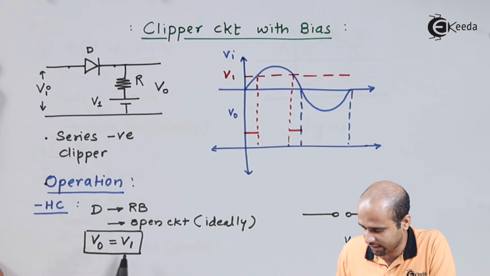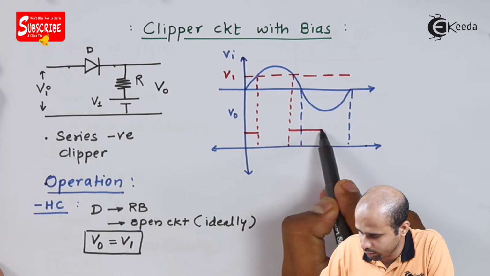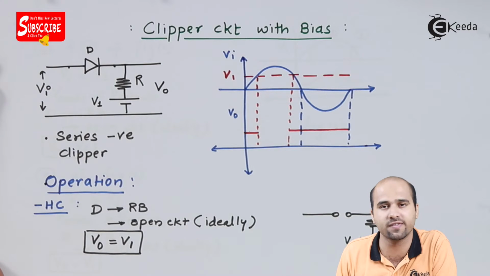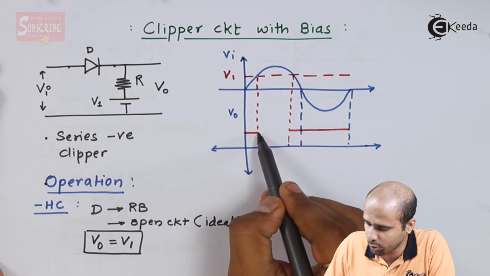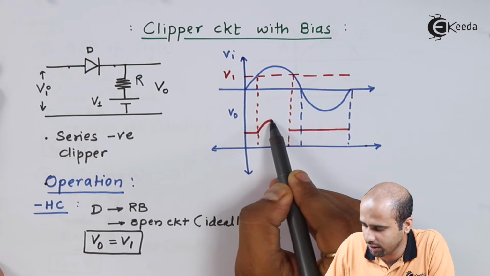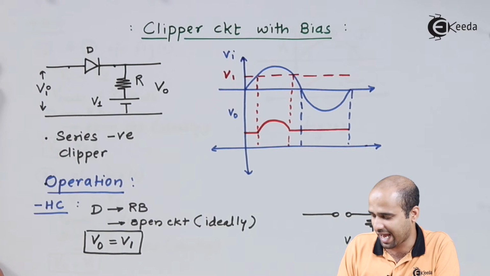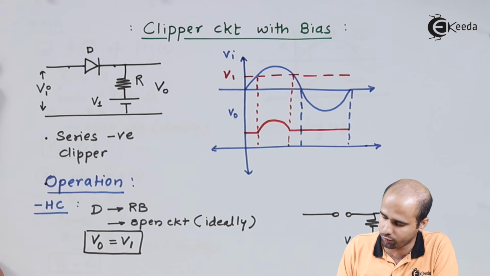In the negative half cycle, we also have Vo equal to V1, so that will continue in the negative half cycle. So only in the middle portion of the positive half cycle am I getting the input same as the output. So this is actually the output waveform.